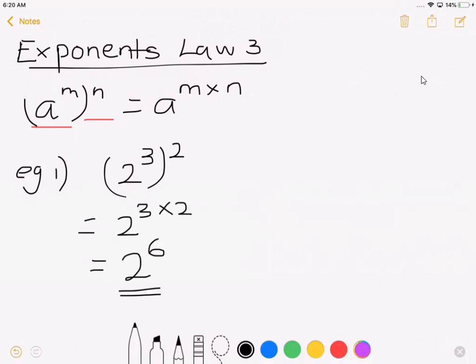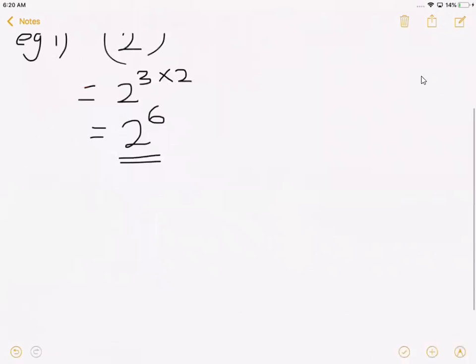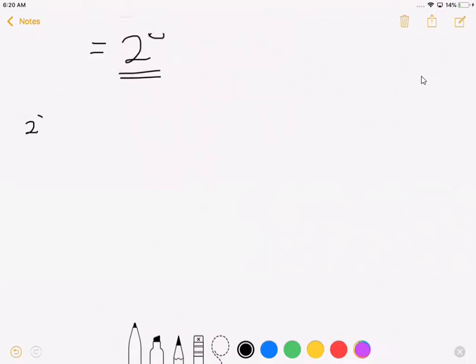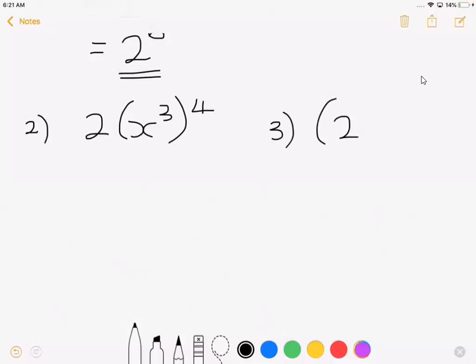Example number 2: 2 times x to the power of 3, to the power of 4. I want to show you the difference between number 2 and number 3, so I'm going to do them together so that you understand.